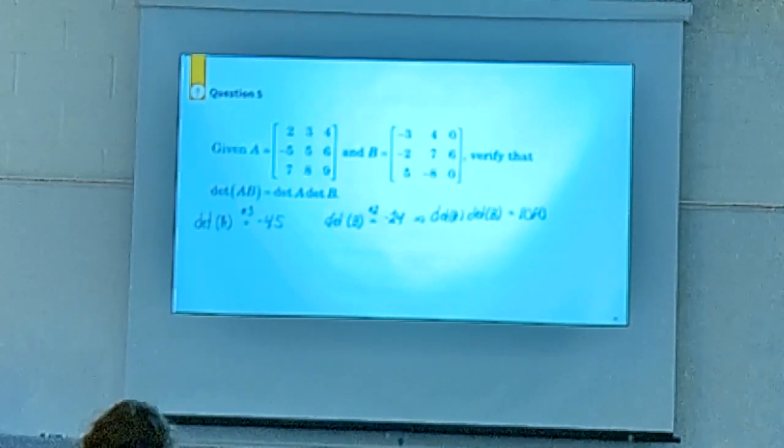That one's the fun part. Finding A times B and taking its determinant.